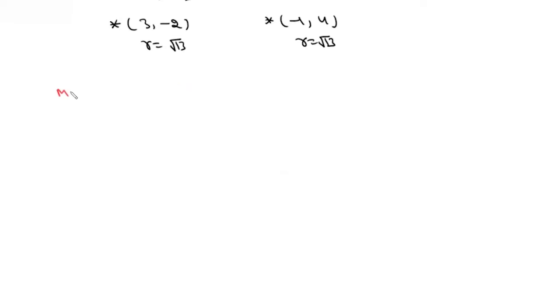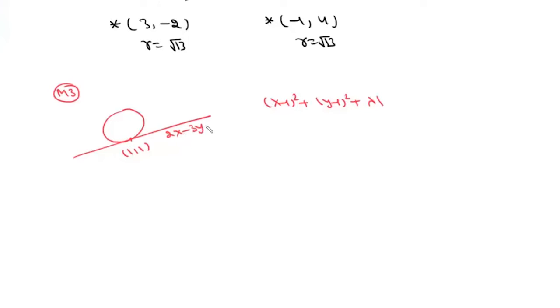Another method that we can use is a system of circles. So this point is (1, 1). We can write the equation of a family of circles touching this line at this point. So it will be given by this point circle, which is (x minus 1) square plus (y minus 1) square plus lambda times L, and the equation of this line is 2x minus 3y plus 1 equals 0.